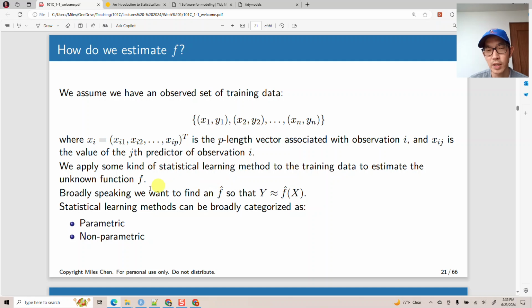We want to find this estimate of the function where we can plug in x and get a predicted value. As far as what kinds of methods exist, broadly speaking, we have parametric and non-parametric methods.